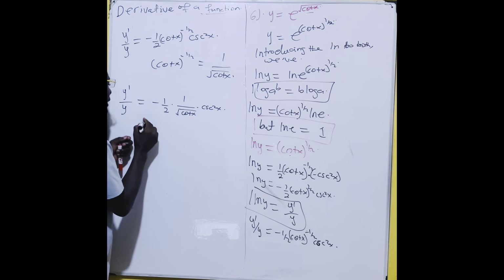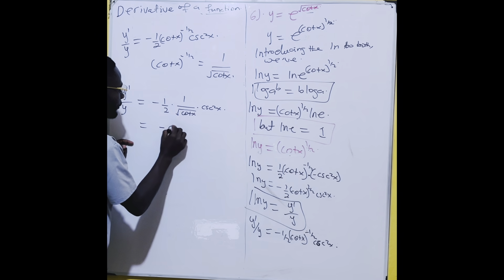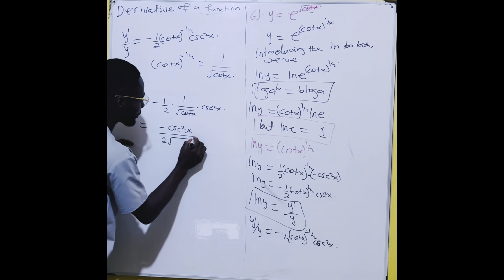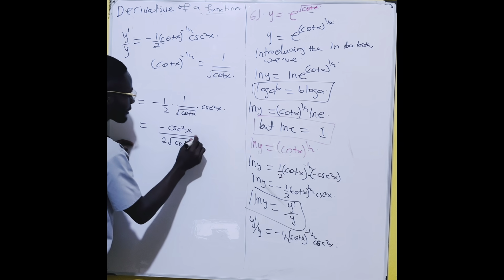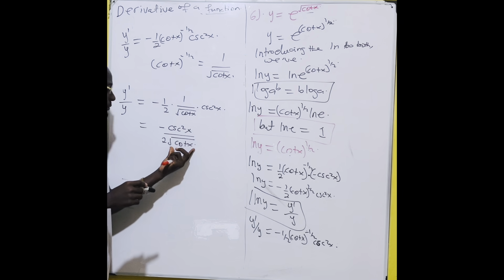So we bring this up. So we're going to have negative cosec squared x divided by 2 times square root of cot x, right? So this is what we have at this point.